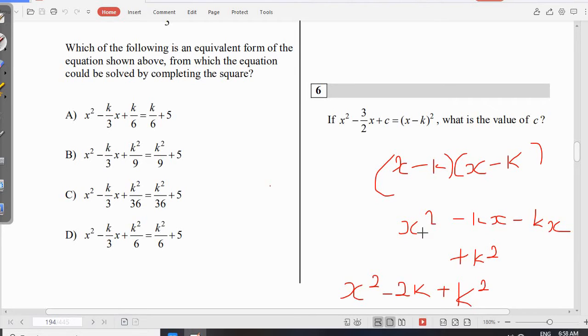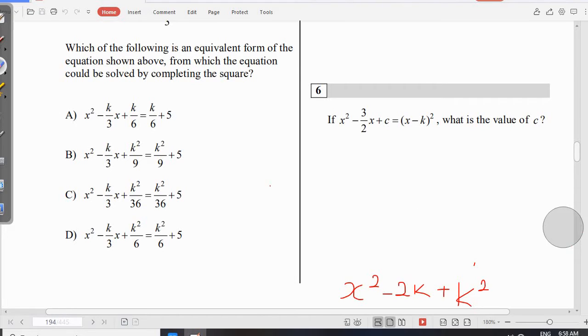Alright, let's go. So after getting this, I've gotten the expansion of that x minus k square. You can use your fast expansion method to do that.